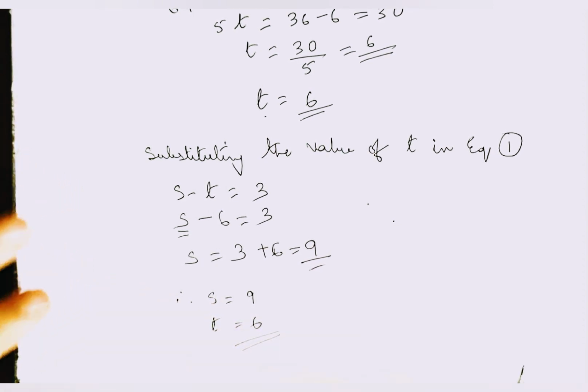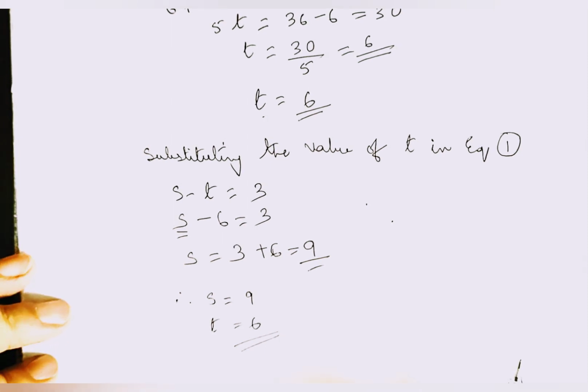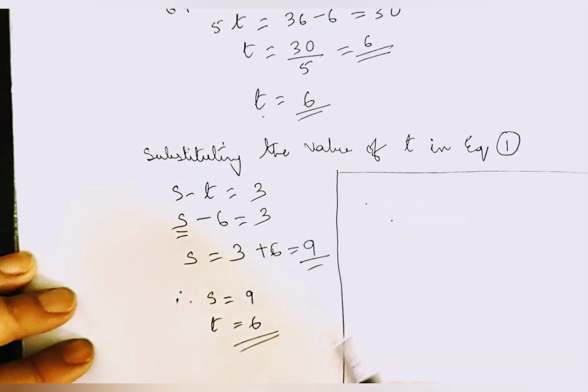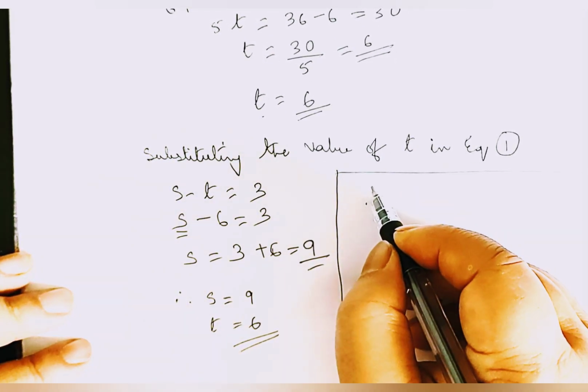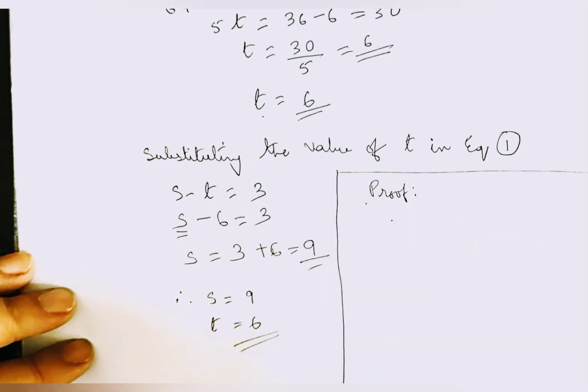Now can you remember in the first sum I have done a proof to see if my sum is right or wrong. So let's do it here too, to find out if my sum is right or wrong. So let's just do some rough work here. Okay. Now say proof if my sum is right or wrong. This is a rough work. Okay. Sorry.